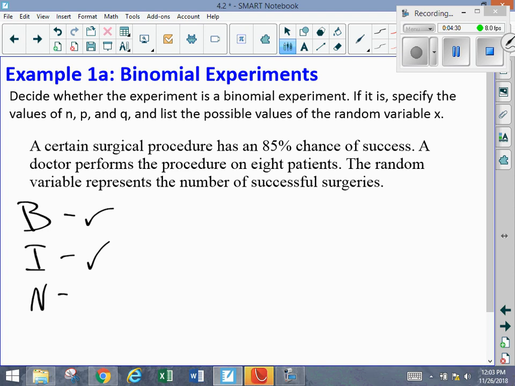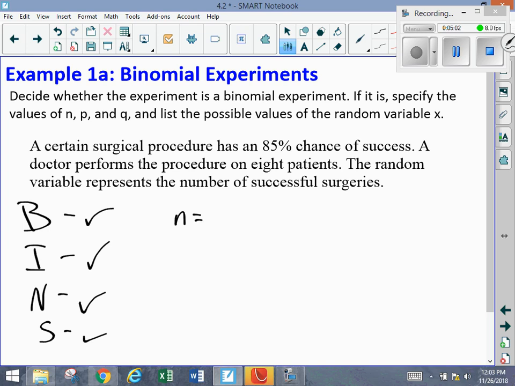N: is there a fixed number of trials? He's doing it on only 8 patients, so yes. And is the probability of success the same for each trial? Yes, the surgery has an 85% chance of success. Now we're going to identify what N, P, Q, and X are.